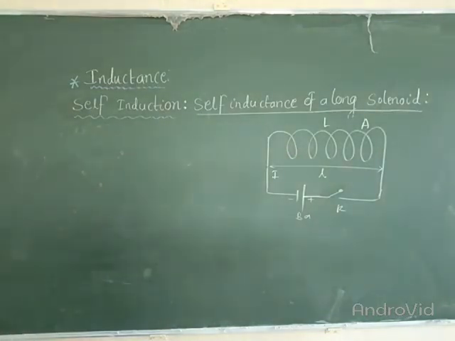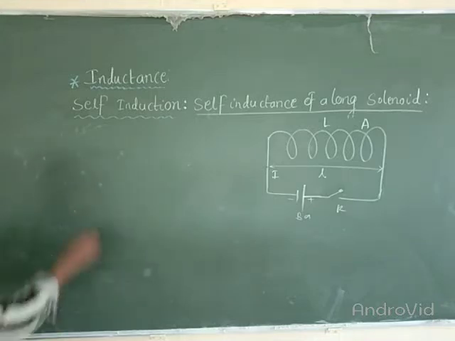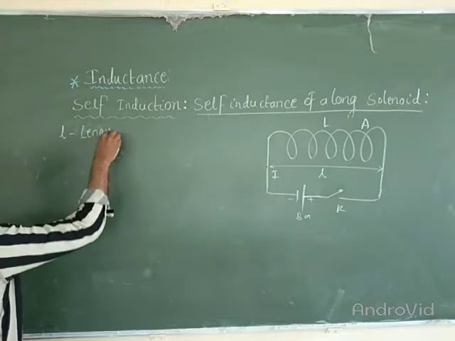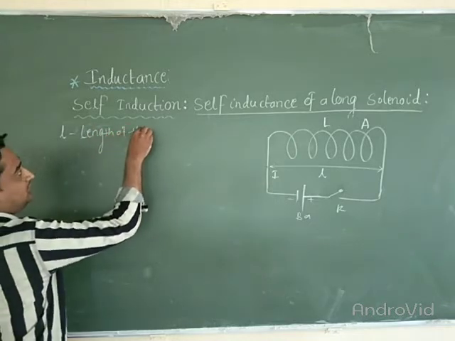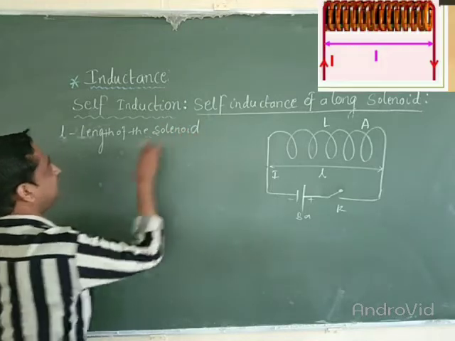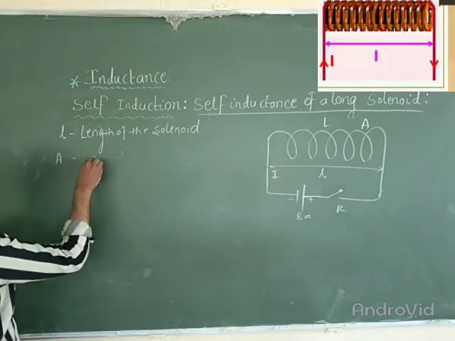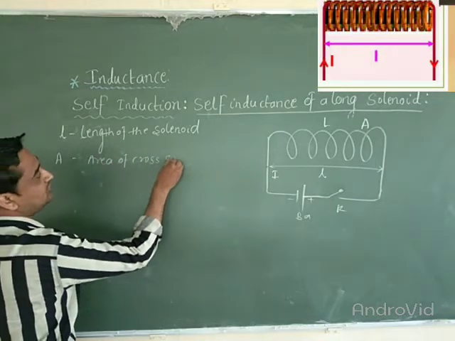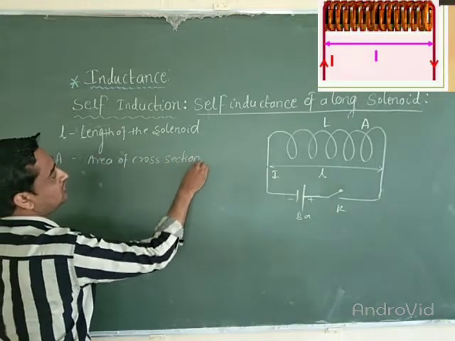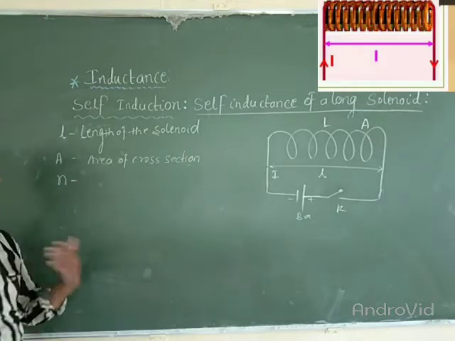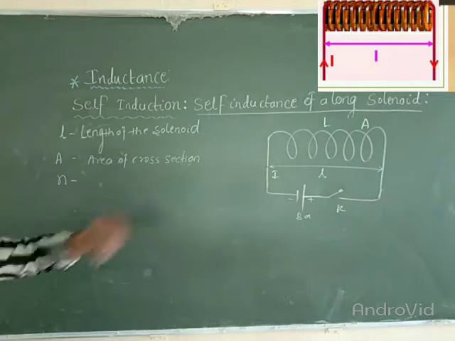Now let us derive the expression. l is the length of the solenoid. A is the area of cross section. And small n is the number of turns per unit length of the solenoid.